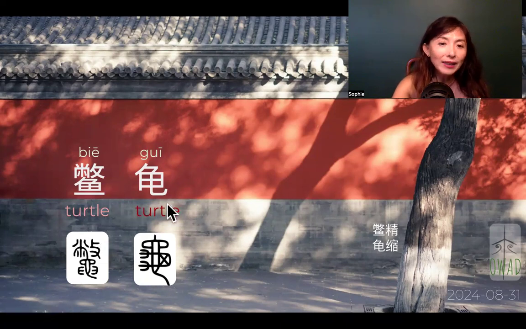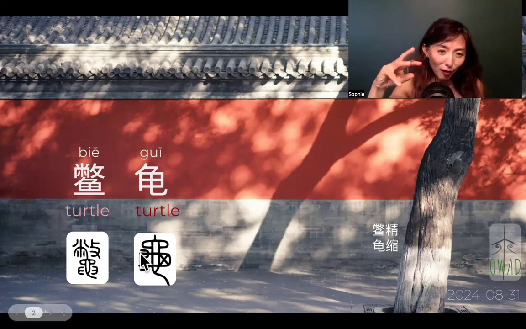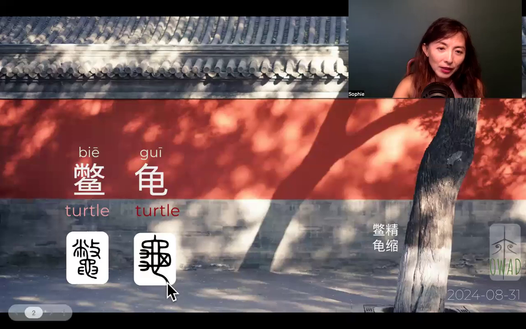The difference is the right side of turtle is kind of still sticking with the turtle, what it means to us, right? The three claw symbol of its feet, the shell of the turtle, the body of the turtle, even tiny little tail of the turtle. And this is kind of a bug eye of the turtle.